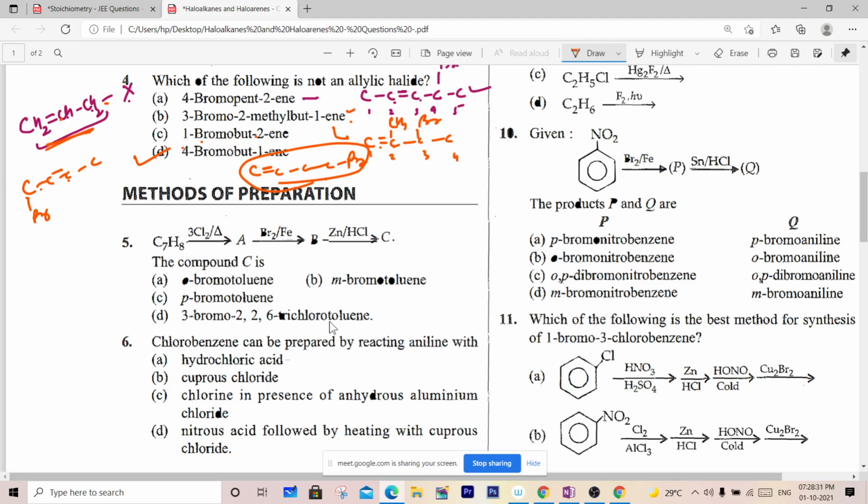Yes, have you done? Hello, are you there with me? Yes, sir. Fifth question. What's the answer? What is this one? Toluene. Then it may be ortho, it may be para, right?